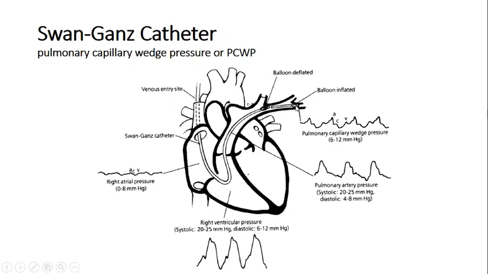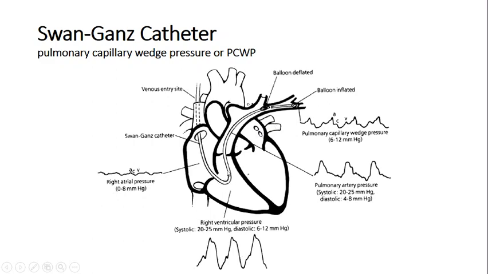Now, we can't get all the way through the lung with this, and we certainly can't get back into the left atrium. It would be important to find out what pressures are in the left atrium, to find out what's feeding the left ventricle. But there's a problem where we can't really get a good pressure. There's not really a good way to safely monitor pressure in the left atrium, but we can approximate it.